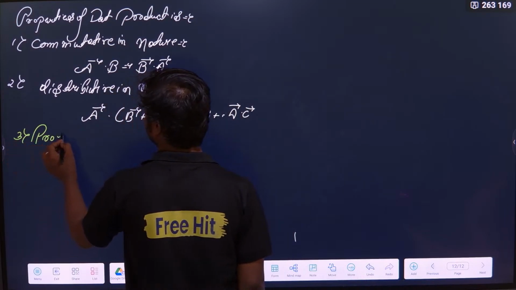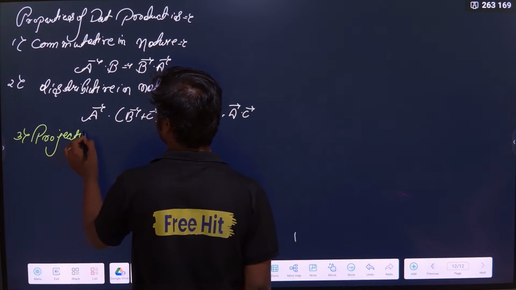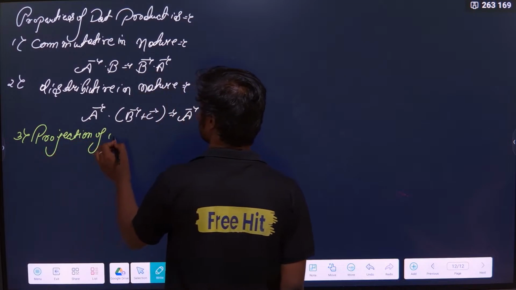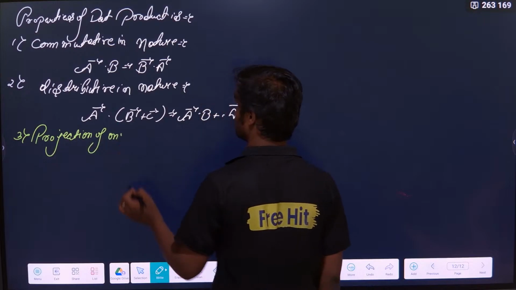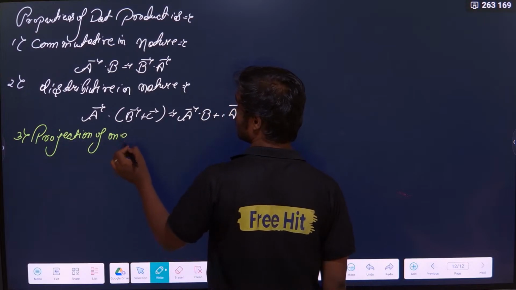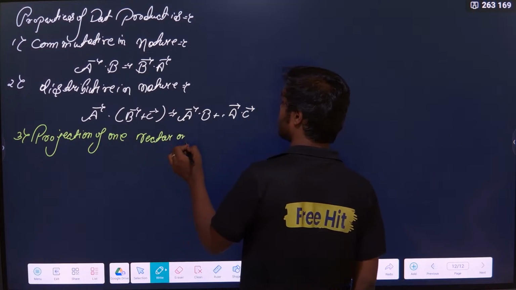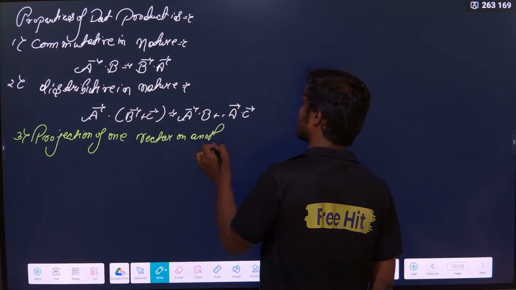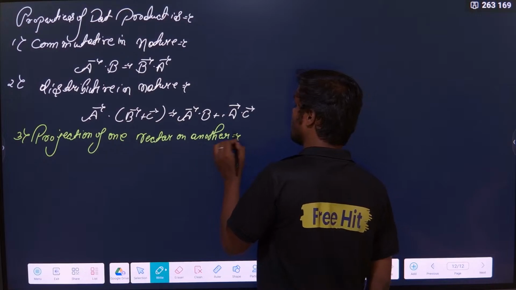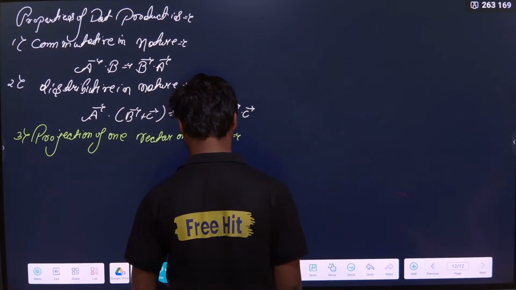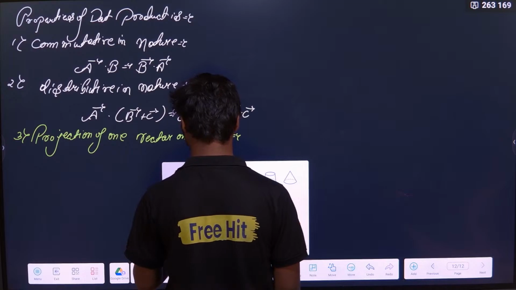Next is a very important thing, that is the projection of one vector on another. How to find the projection of one vector on another? Simple logic I am giving you.